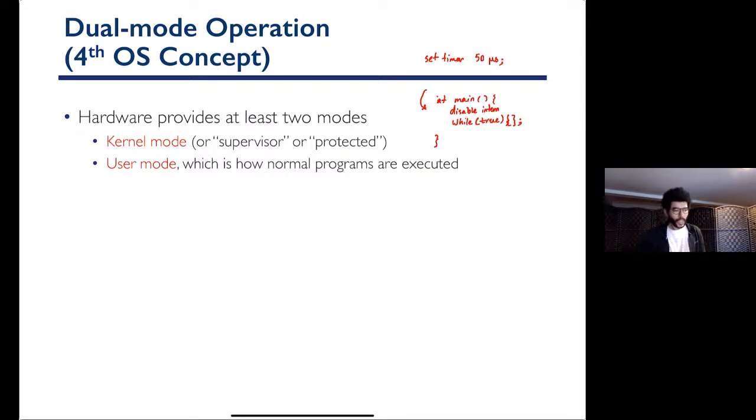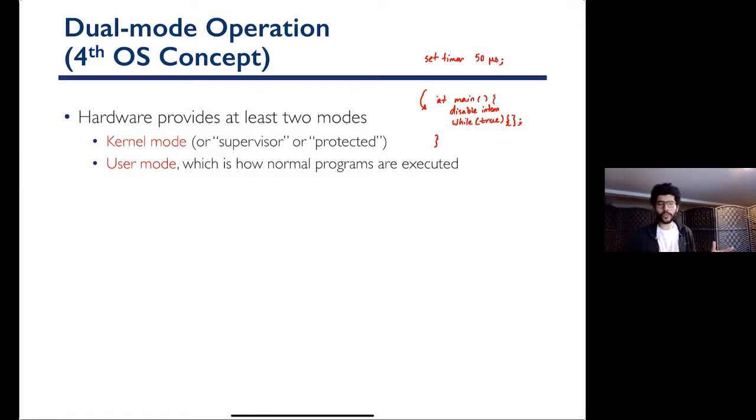So what we want is for the hardware to provide us with at least 2 modes of operation. In one mode, which you could call supervised mode or protected mode, the code that runs in that mode can do anything it wants. And this is where the kernel comes in. What is a kernel? Kernel is any code that runs in this mode.